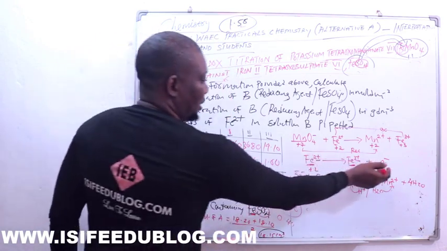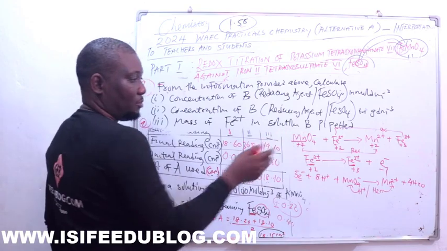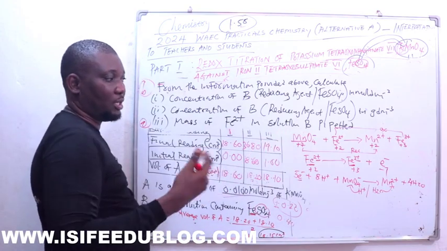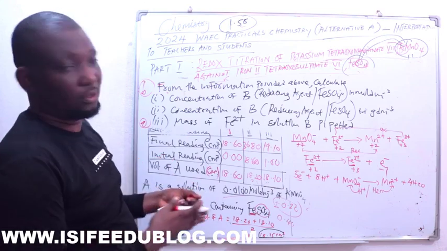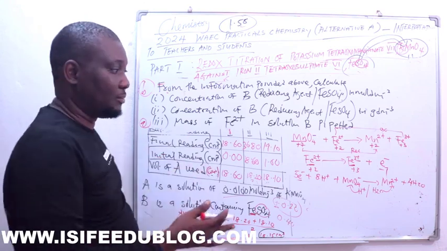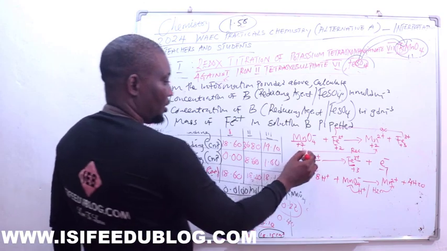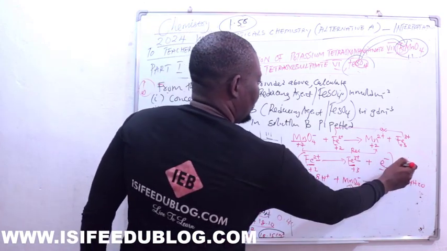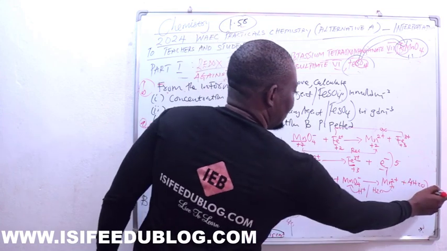So look at electron gain, look at electron loss. They must be the same to cancel out the electrons, since free electrons do not exist in the overall reaction. So to get rid of that electron, we multiply here by 5 and this side by 1.